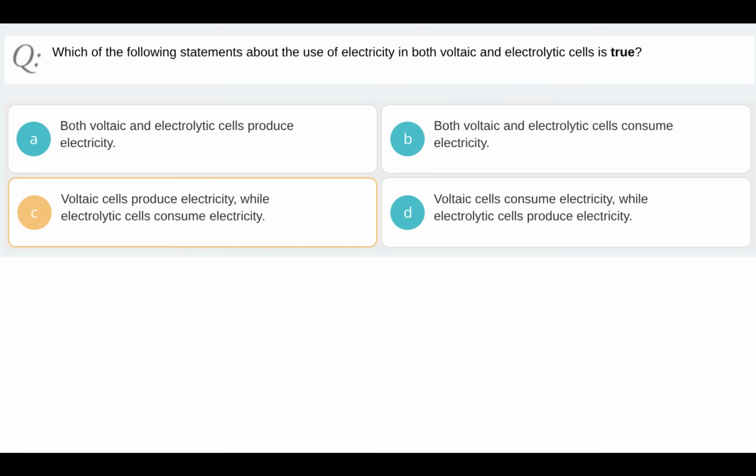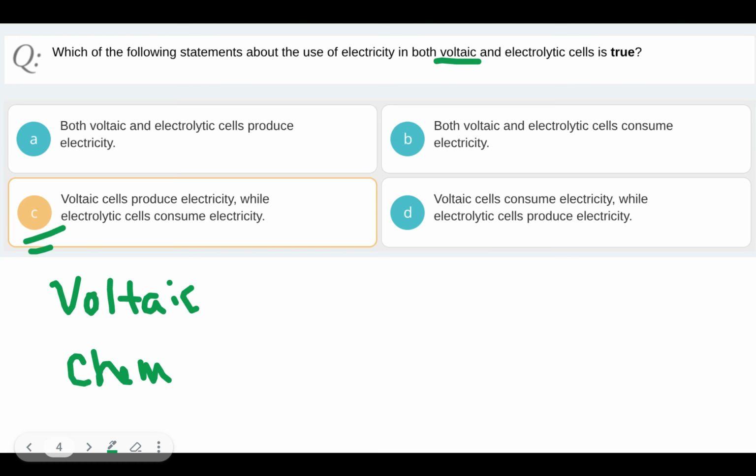The next one, I know these answers are already highlighted, but that's from when I did my screenshot. The next one is, which of the following statements about the use of electricity in both voltaic and electrolytic cells is true? So with this one, if you have a voltaic cell, you have a spontaneous reaction, and voltaic cells take chemical energy, the chemical reaction, that's spontaneous, and turn it into electrical energy.